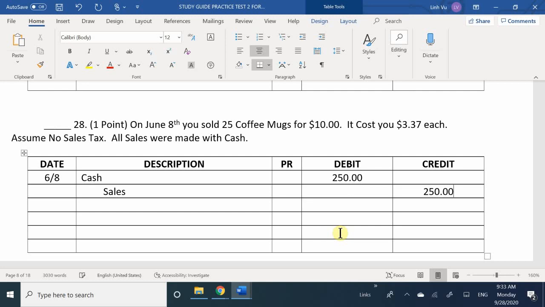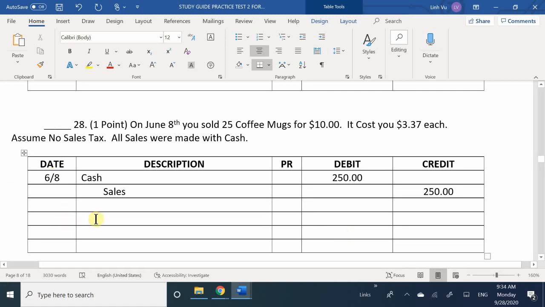Good. Because there's no sales tax, I don't need to create a sales tax payable account. Now that I finished recording my sales, I'm still under perpetual inventory, right? So what's my next account that I need to do?